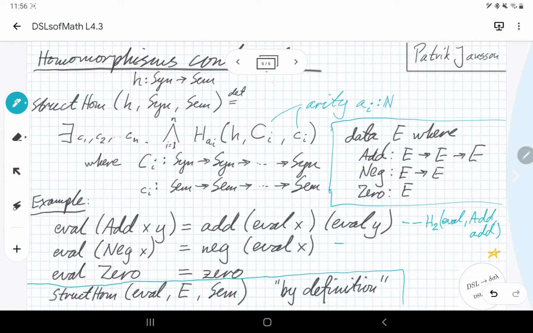Similarly, this one is saying h1 of the same eval from Neg to neg. And this last line is saying h0 of eval from capital 0 to small 0.